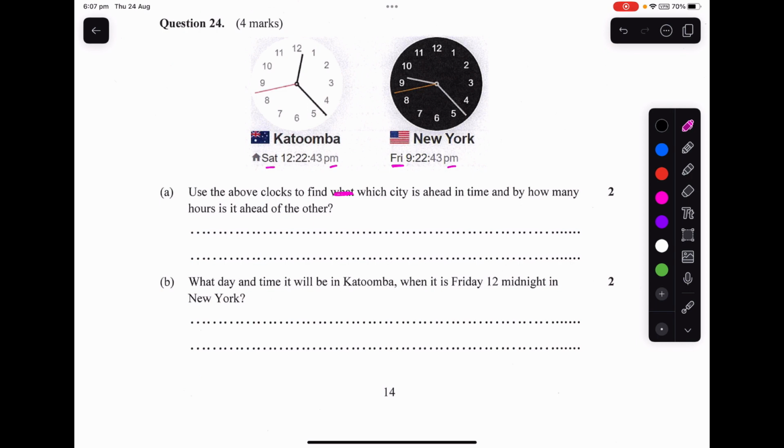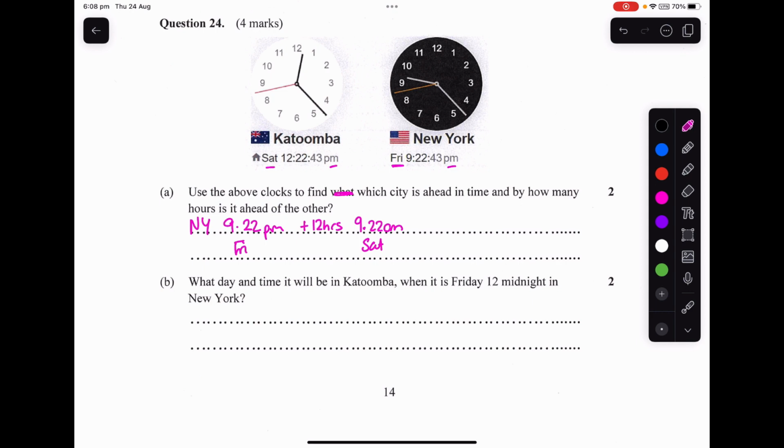So if we're looking at New York, it is 9:22 PM on Friday. And we need to get to 12:22 on Saturday. So we're going to go 9:22 plus 12 hours will take us to 9:22 a.m. Now we're on Saturday.